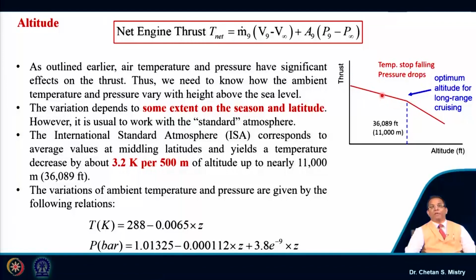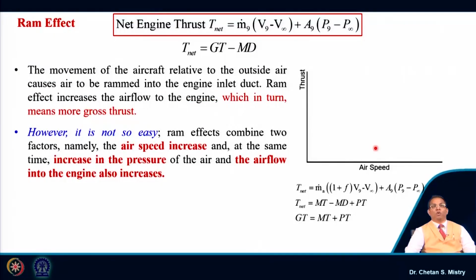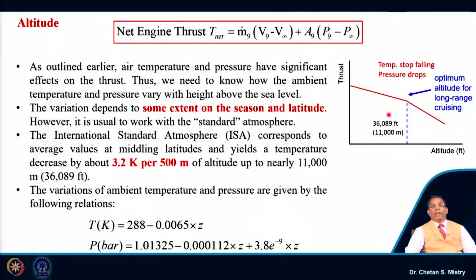Here, the temperature stops falling and the pressure drops very fast. Now, if we try to understand the scenario, most of the long range flights we observe fly at an altitude of 36,000 feet.